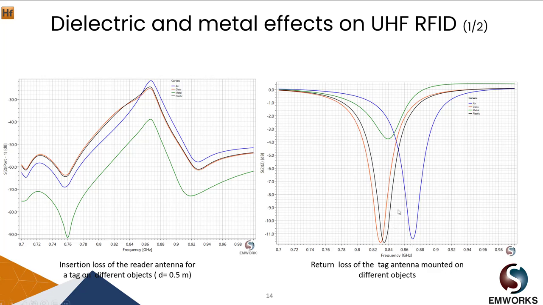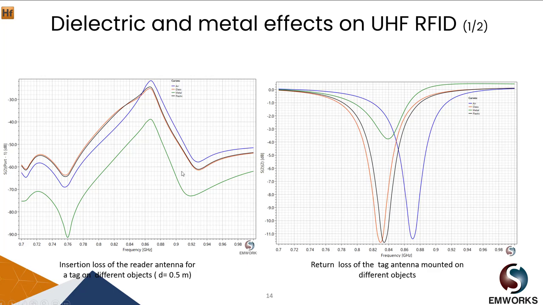From this plot, we can clearly see that the dielectric material causes detuning of the resonance frequency. As for the metal, first it causes a detuning of the resonance frequency. It also causes a big impedance mismatch between the tag antenna and the chip.